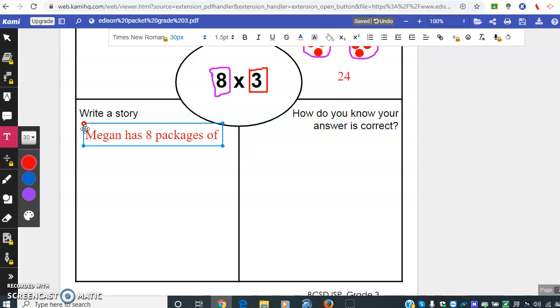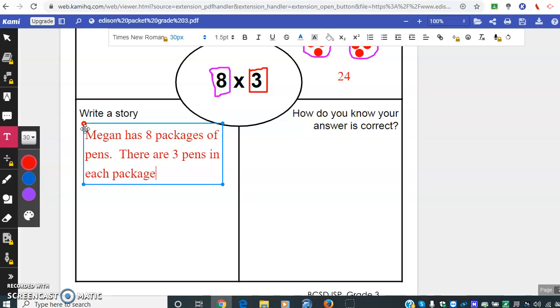Now, let's get that on the next line. Pens. Now I'm going to say how many are in each package. There are 3 pens in each package. Which gets me to my question. How many pens are there in all?